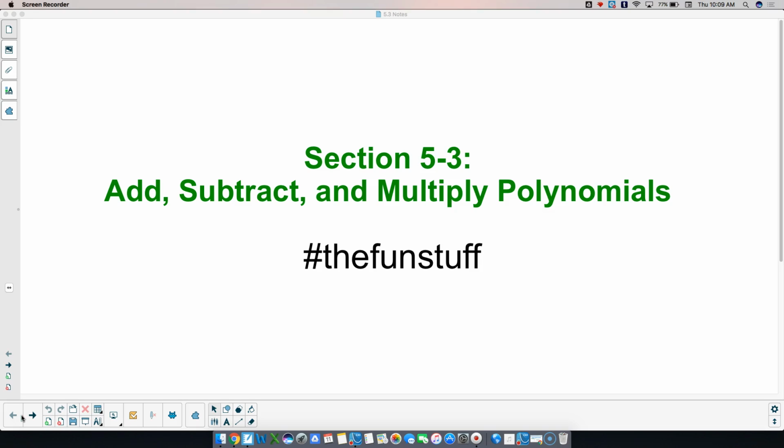We're not solving today. We'll get to solving next section. We're going to add, subtract, and multiply polynomials. I'm going to save division of polynomials for later.